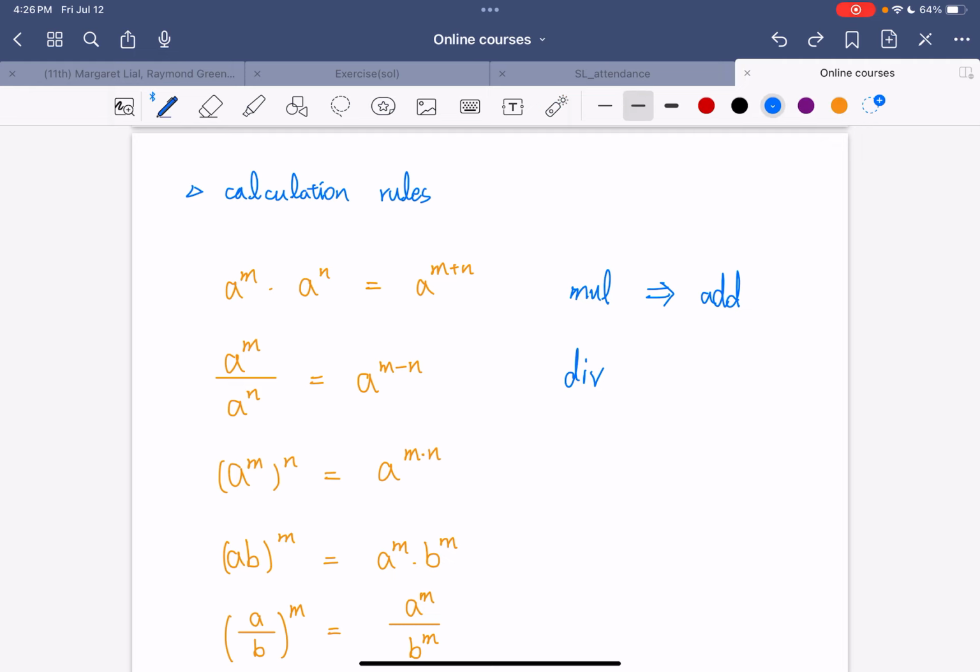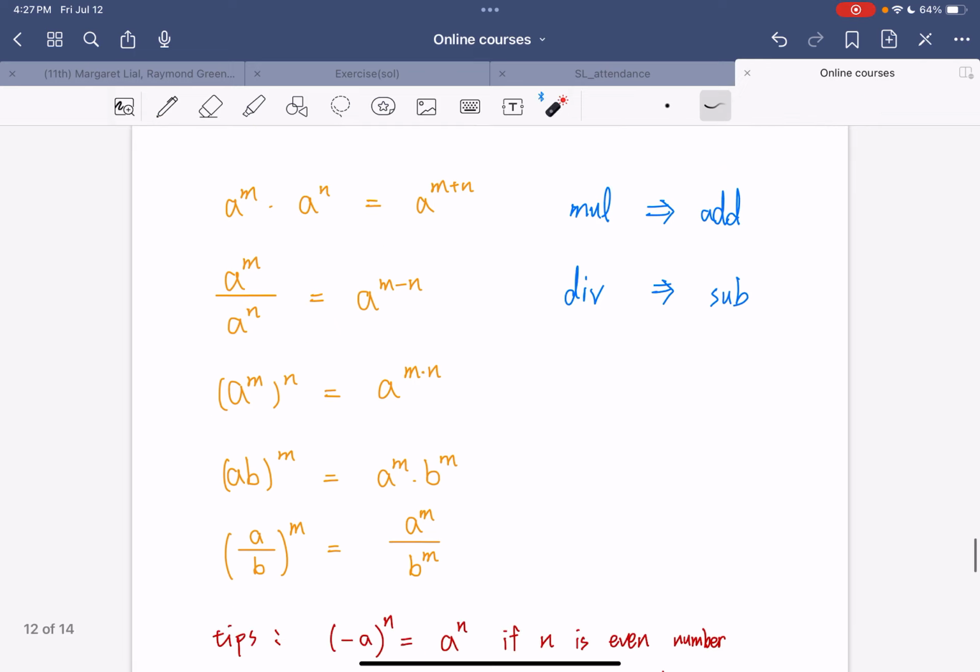Let's give a clear example, like x with power of 3 divided by x power of 2. That will become x to the power 3 minus 2. Remember, numerator minus denominator. So division becomes subtraction.